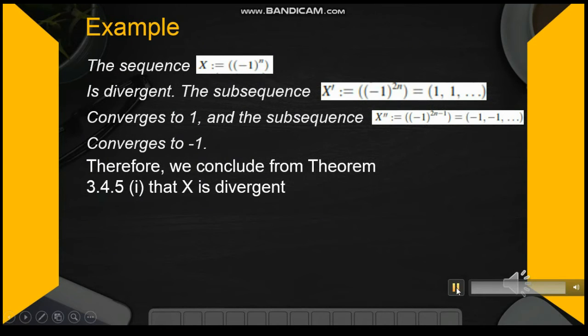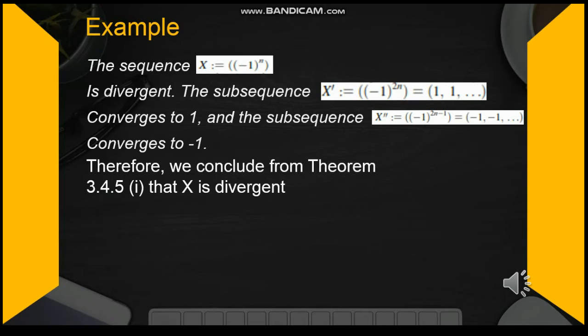For example, the sequence X defined by (-1)^n is divergent. We can take the subsequence X' defined by (-1)^{2n} = 1, 1, 1, and so on until infinity, and we know that -1 to an even power gives a positive number, that is 1. So X' converges to 1.